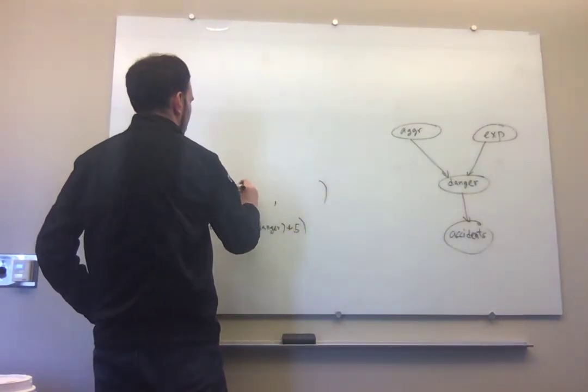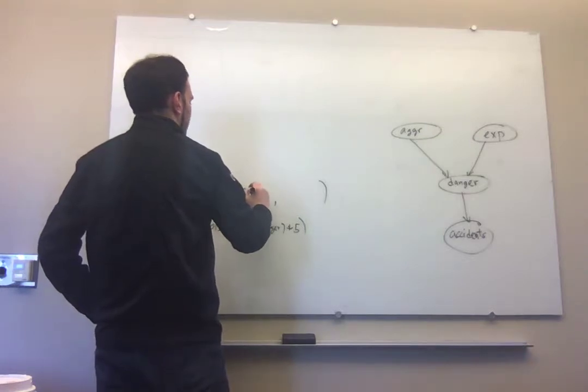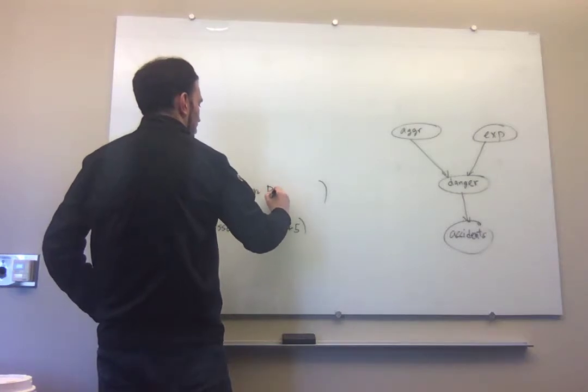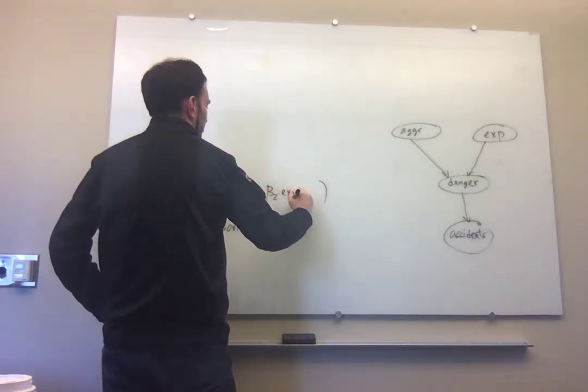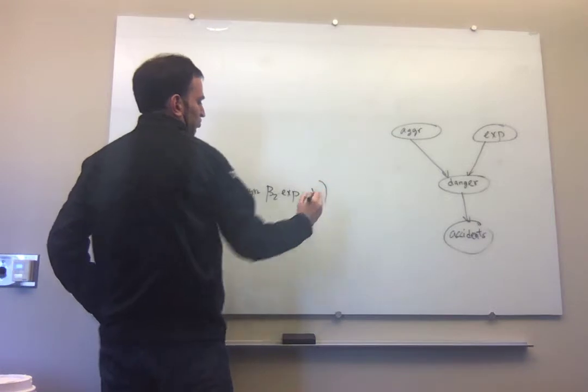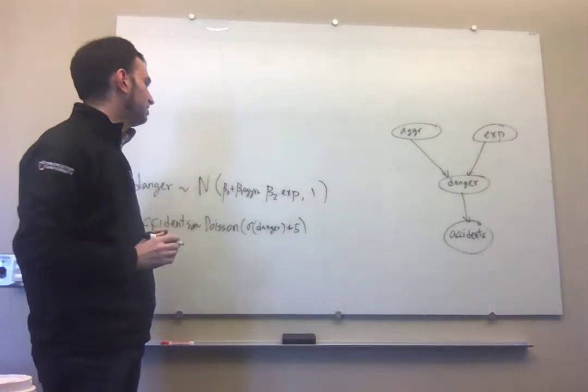So we'll say beta naught plus beta 1 times aggressiveness plus beta 2 times experience. And the variance we'll just set to 1 to keep things simple.